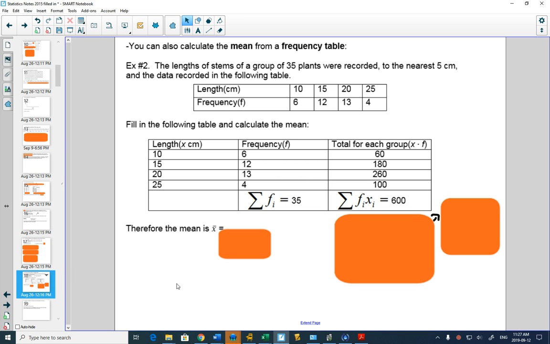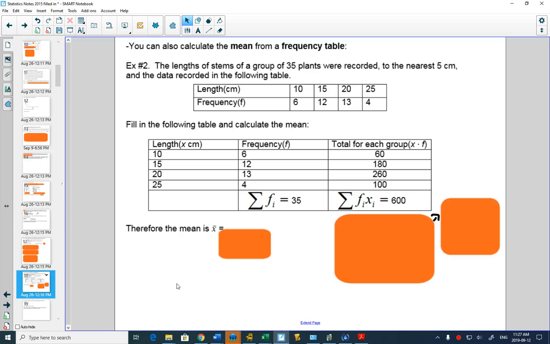I think you have no problem with this 600, but what I want you to focus on is the notation. Again, understanding what the notation and everything stands for is important. First of all, the big sigma sign, that means sum. Did we add things up? Yes, we did. This plus this plus this plus this was 600. What's happening inside?